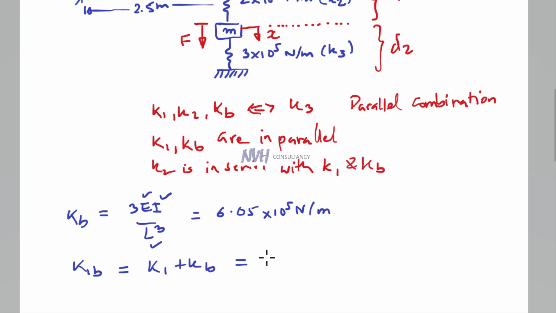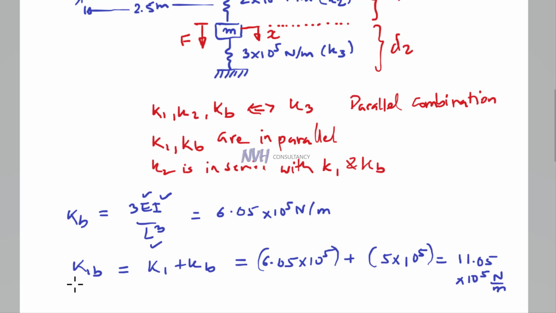So this will be equal to 6.05 into 10 to the power 5 plus 5 into 10 to the power 5. So that works out to be 11.05 into 10 to the power 5 newtons per meter.